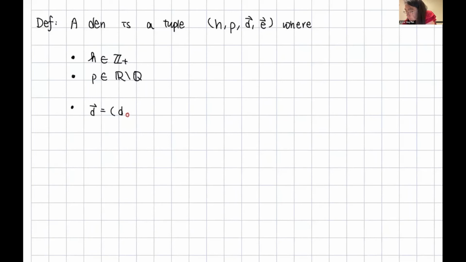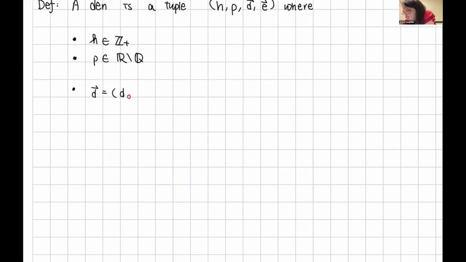The reason that we start with 0 is because we are going to plot it on the y-axis, so the x-coordinate is actually 0. And d is a vector with h plus 1 entries, and h has to be a positive integer to make this make sense. So you have at least one entry here. You don't have an empty thing.